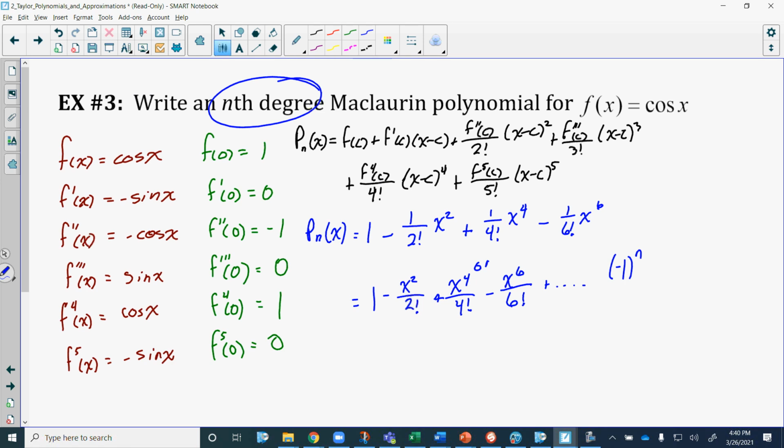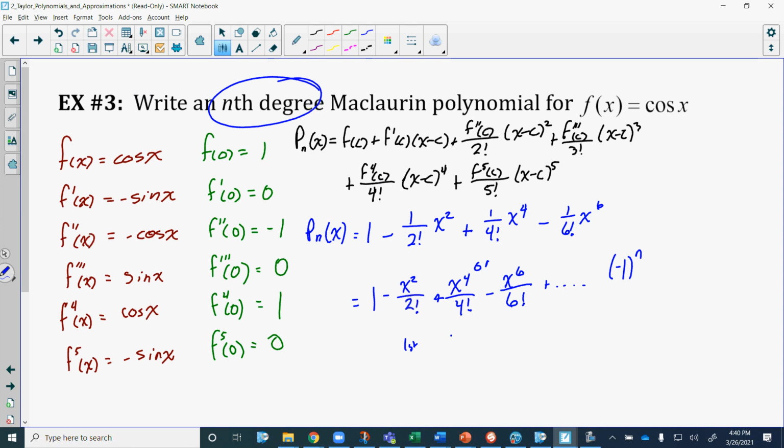The exponent values are all going to be even numbers. So I can take whatever the term number is and multiply it by 2. So the first term here is 1, and 1 times 2 gives me an exponent of 2.